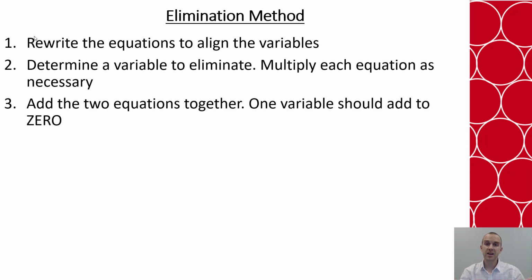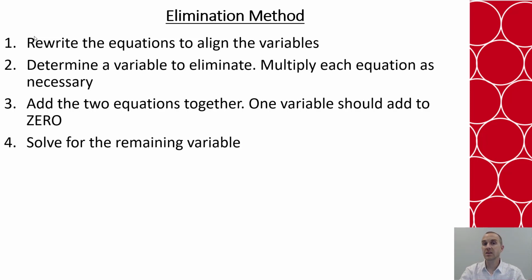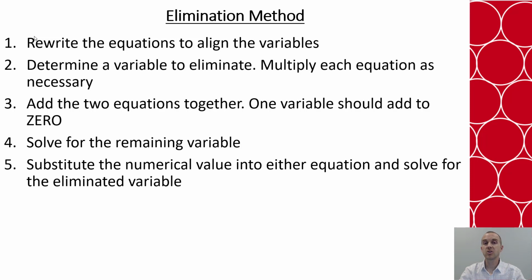Once we've multiplied the equations correctly, we're going to add the two equations together, and this should leave us with one variable, and one variable should add to 0. We can then solve for that remaining variable, and then use that numerical value to find the first variable that we eliminated by substituting it into an original equation.